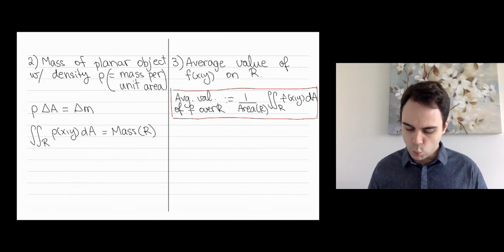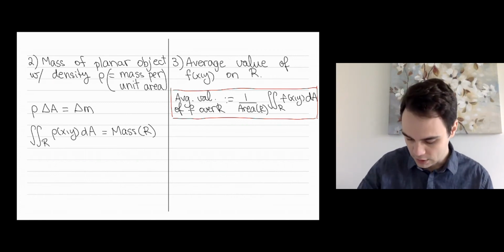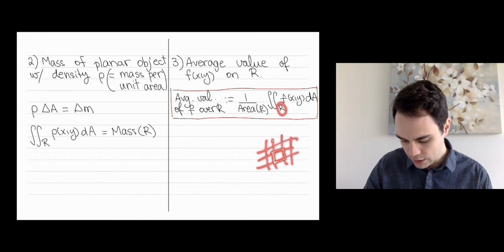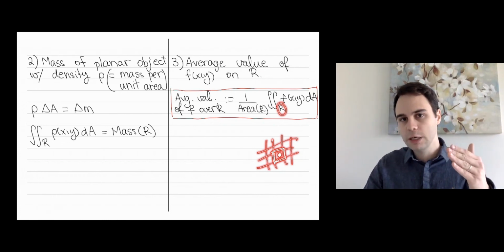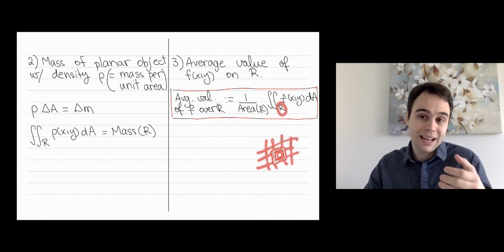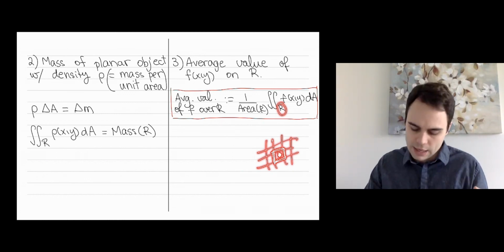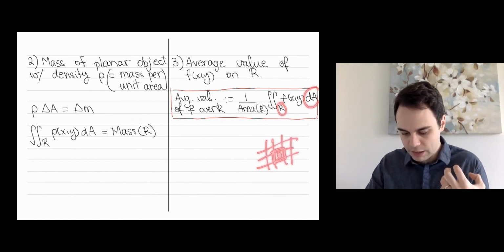So here's how we should think of this. The integral on the right, we should think of it as a Riemann sum. We're breaking the region R into a bunch of little pieces, taking a sample point in each piece, seeing what's the value of f at that sample point, and then multiplying that value of f by a certain weight, and that weight is the area of the piece.